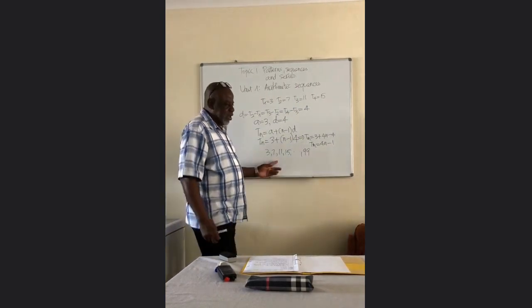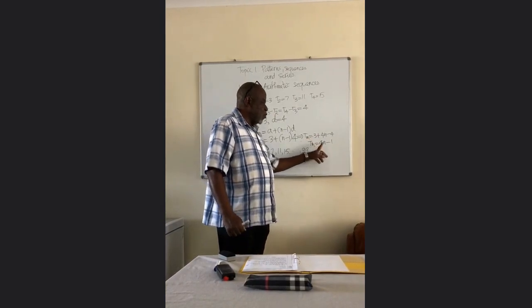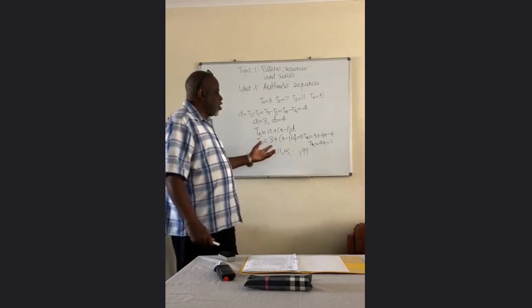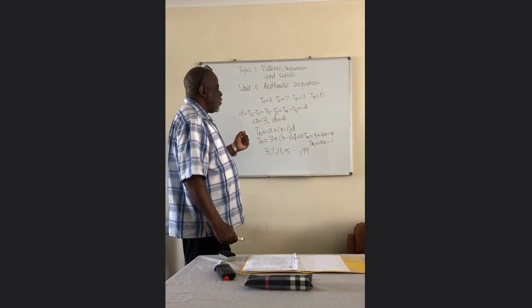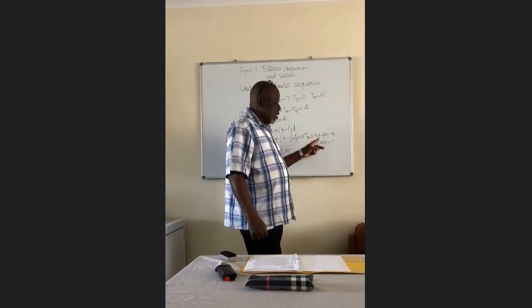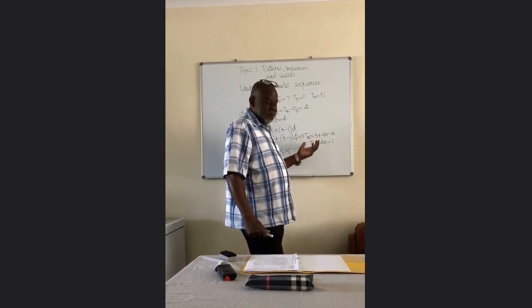The nth term formula for this particular sequence is Tn is equal to 4n minus 1. So with this general term, if they ask you to get any term of this sequence, you're just going to replace the position in 4n minus 1, and then you will get that particular term.